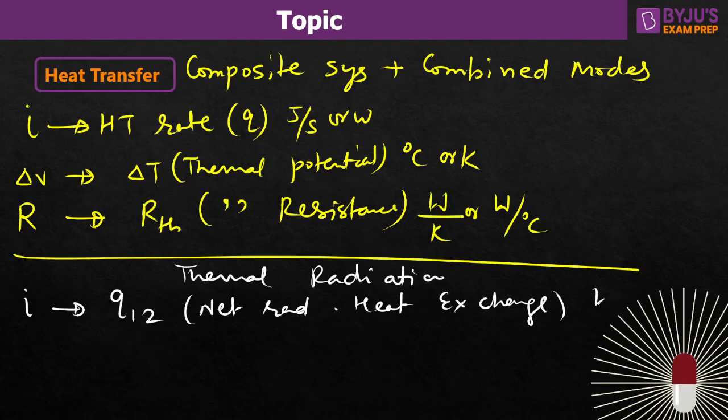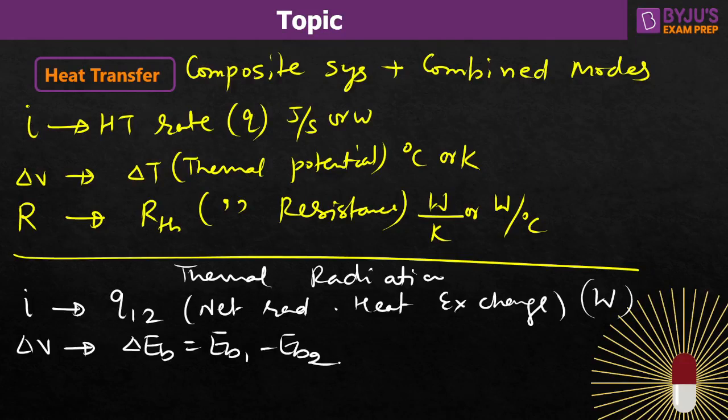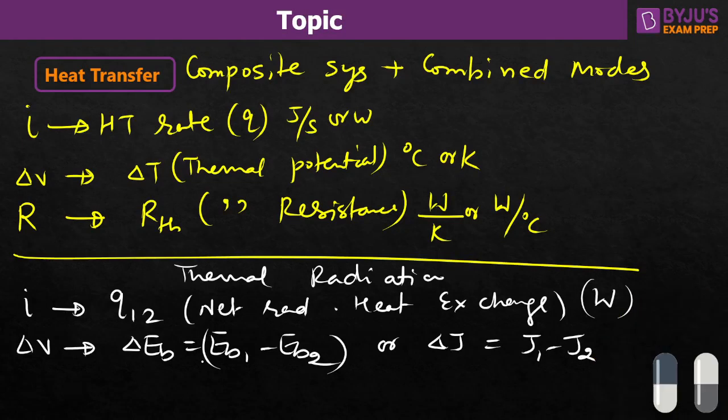The unit is watt. Then delta V will be replaced by either delta Eb, that is Eb1 minus Eb2, or it can be replaced by delta J, that is J1 minus J2, radiosity. The unit is watt per meter squared.